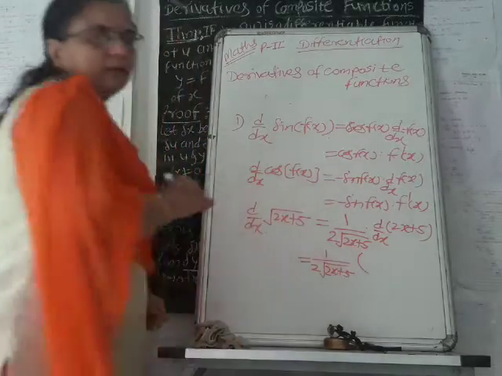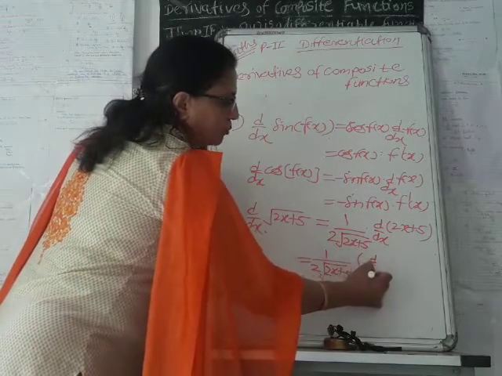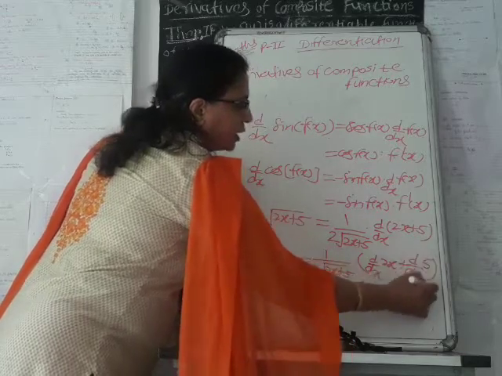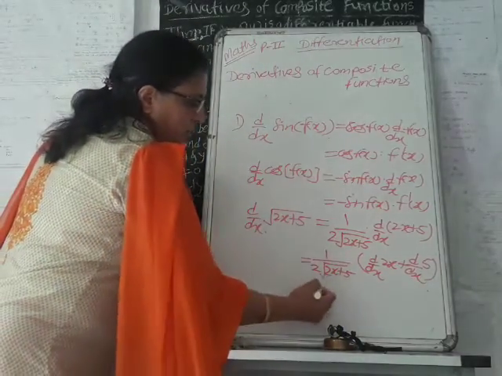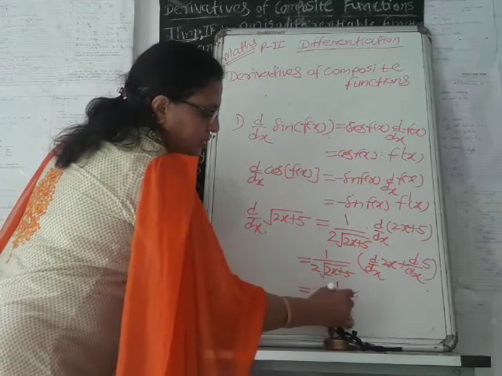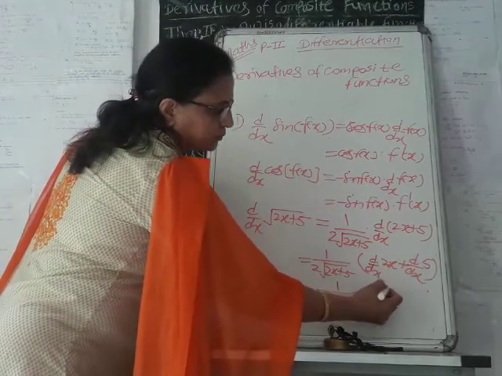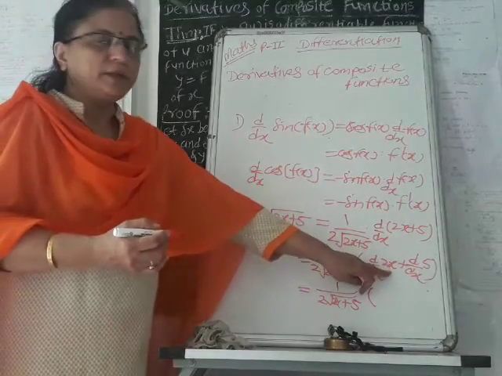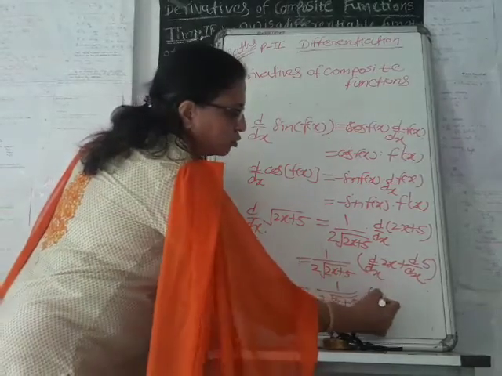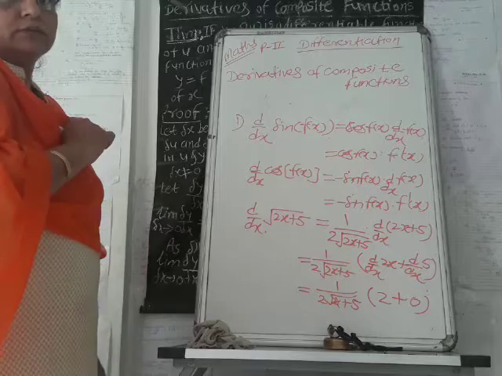Here we apply the derivative of a sum. So d dx of 2x plus d dx of 5. This gives 1 upon 2 into under root 2x plus 5, times the bracket. The derivative of 2x is 2, since 2 is a constant and only x remains. What is the derivative of x? It is 1. So 2 into 1 is 2, plus the derivative of 5, which is 0.